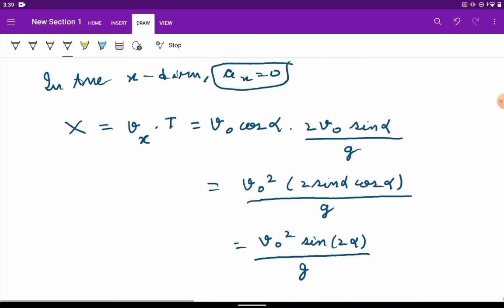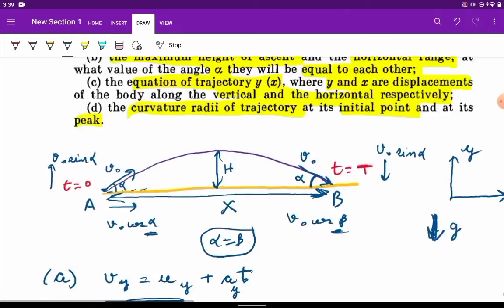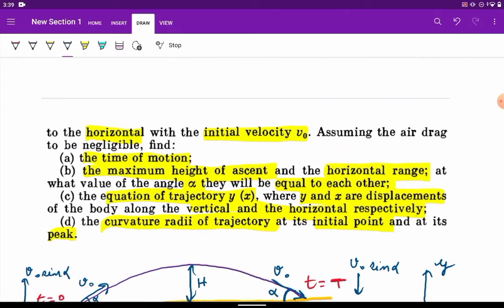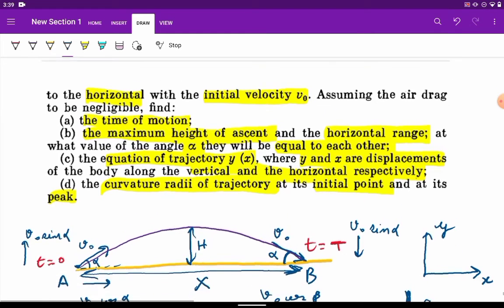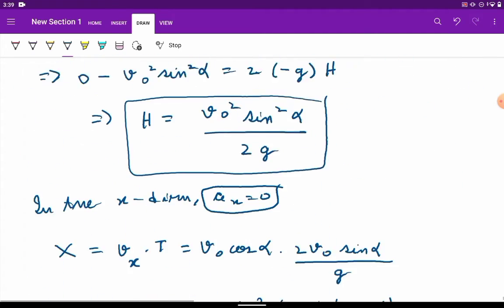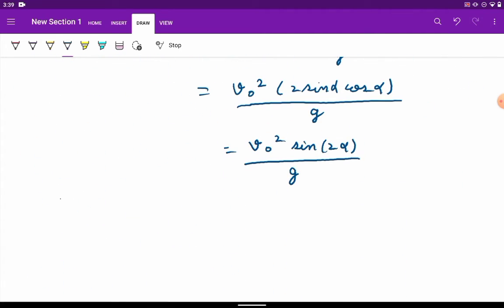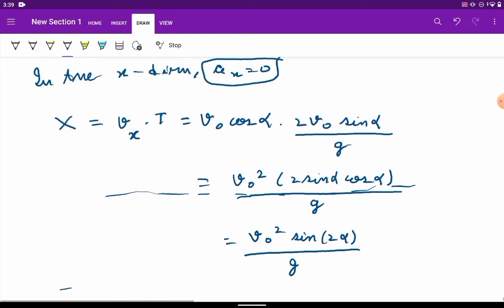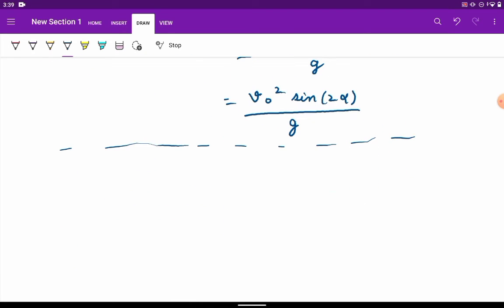So that's the thing. Now the sub part of part B is, to what value of angle alpha will they be equal to each other. So for the next sub part, we need to find out alpha for which h is equal to x.